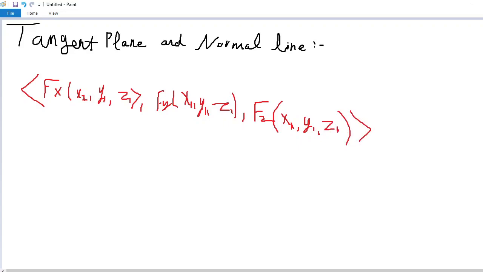So this is called the normal vector to the tangent plane.